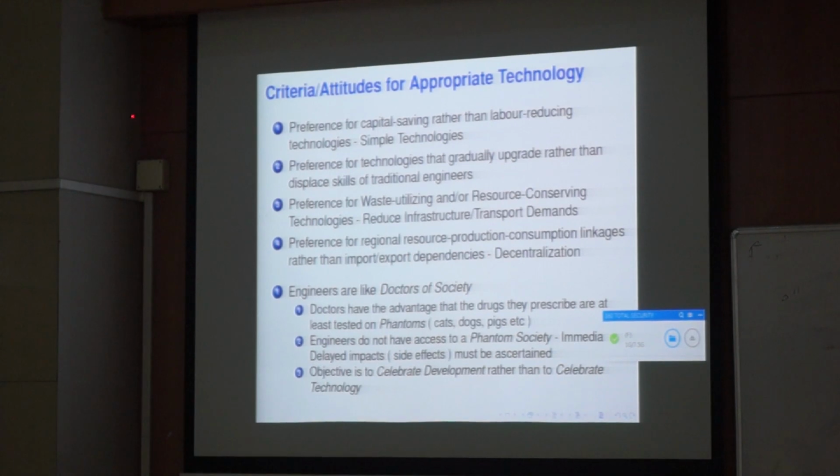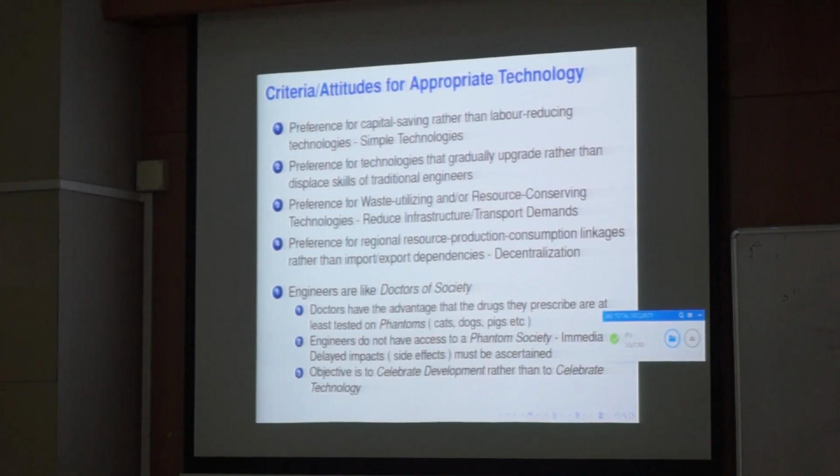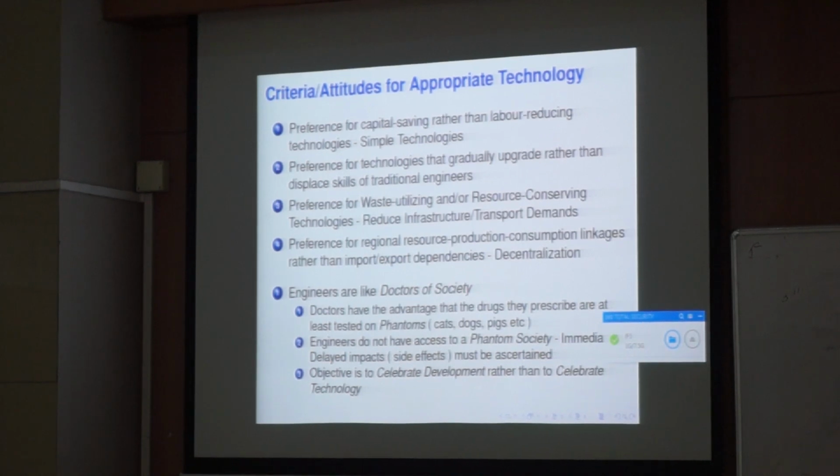To reduce infrastructure and other dependencies. You don't want a 6 inch pipeline running. And you don't want fiber optic cables running under your feet. Alright. Preference for regional resource production consumption linkages rather than import-export dependencies. Essentially decentralization.